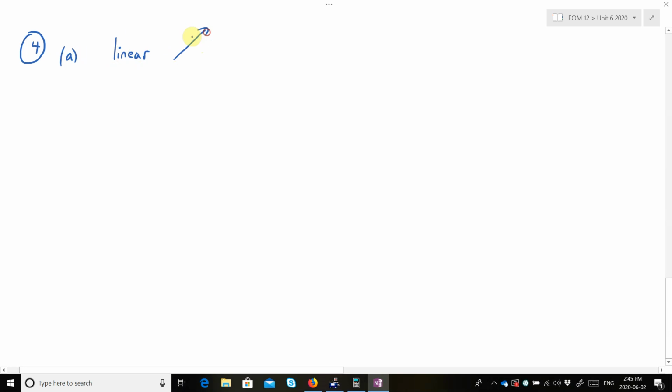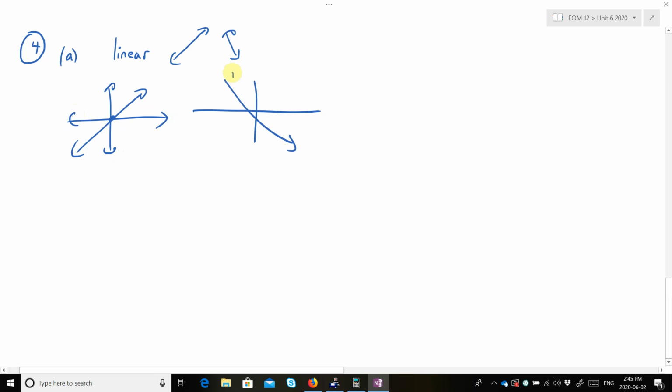And linear functions are either like this or like this, right? So really, you can either have one like that, which has 1 x-intercept, or you could possibly go down like this. Okay, so there's only 1 x-intercept for linear functions.